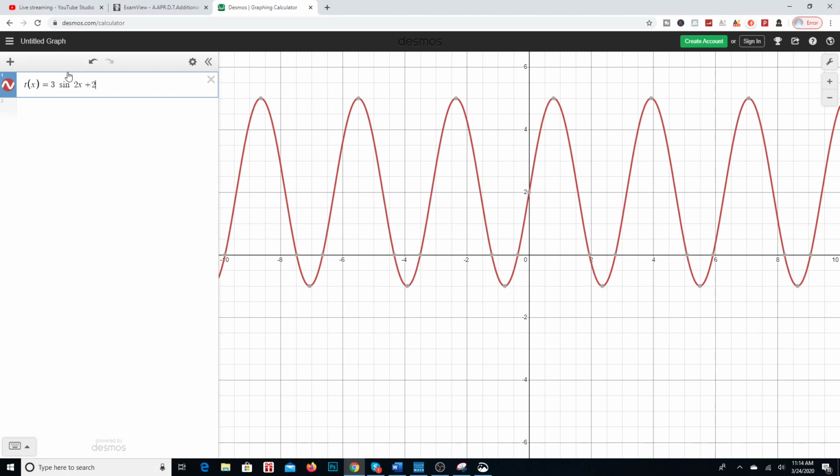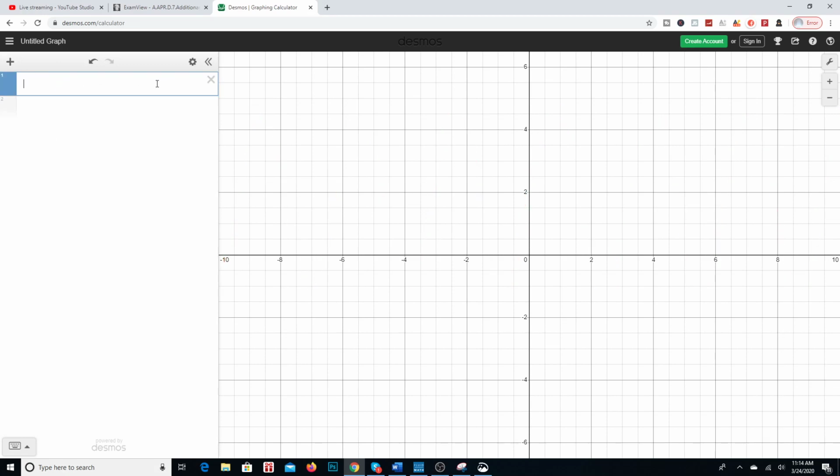Okay, that's pretty simple enough, right? So let's try to graph this. Again, I'll use Desmos for simplicity. We have y equals 4 cosine x.